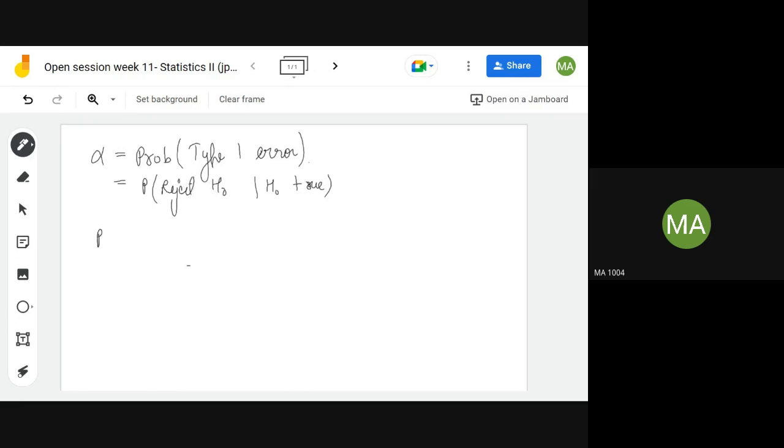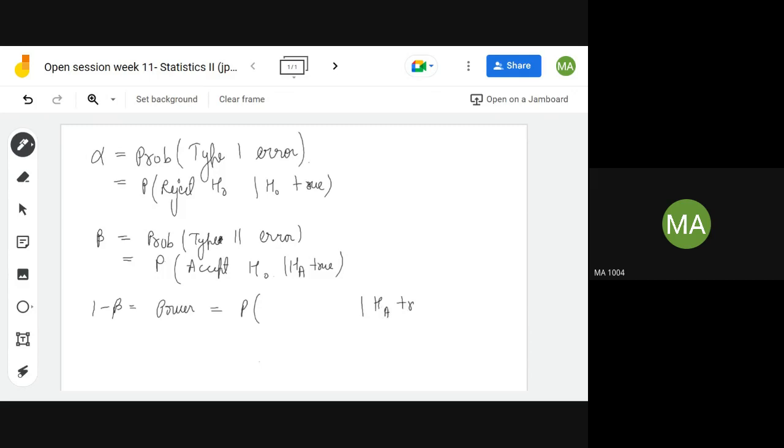Then you have beta, that is called the probability of making type 2 error, and this is the probability that given HA is true, you accept H0. Then you have 1 minus beta, that is called power, and this is the probability that given HA is true, you reject H0.